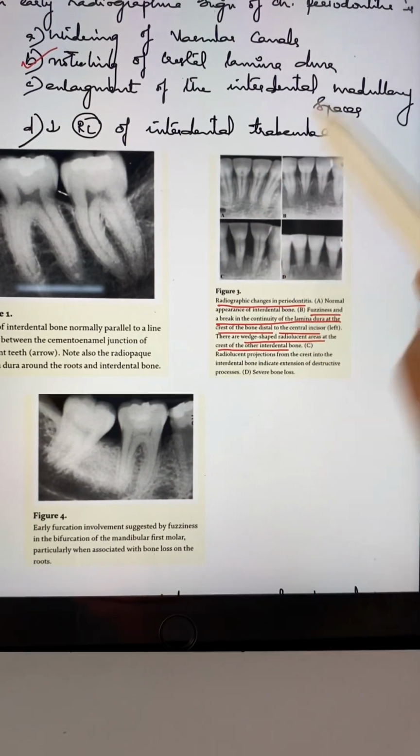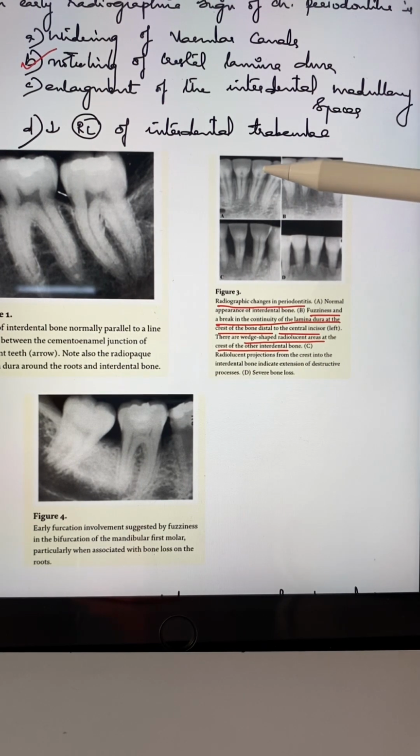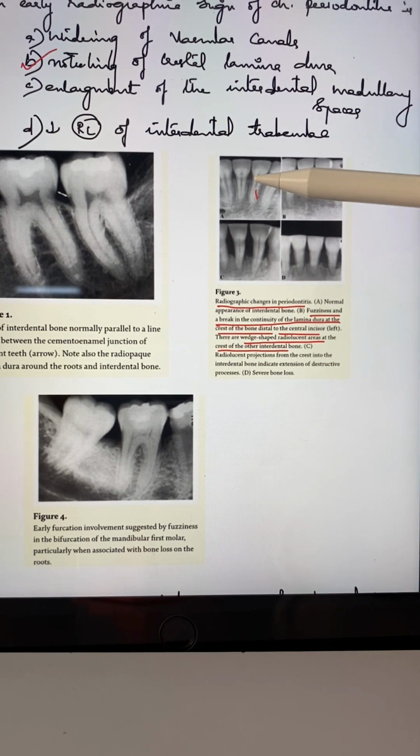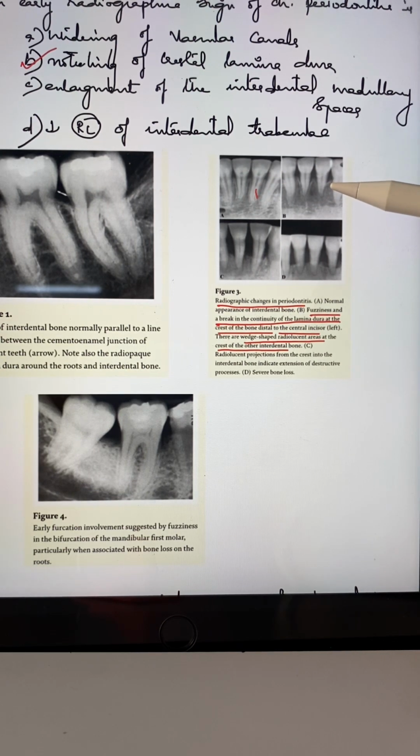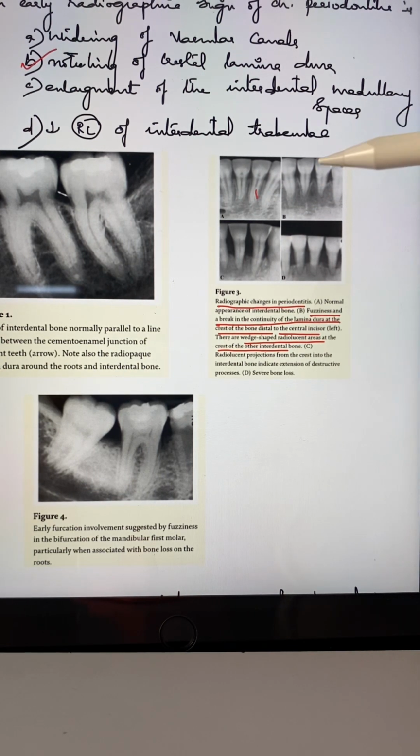When you see this picture, this is a normal appearance of the interdental bone. Can you see? This is a normal appearance. The lamina dura is intact. Whereas here, in the case of periodontitis, you can see the discontinuity of the alveolar bone.